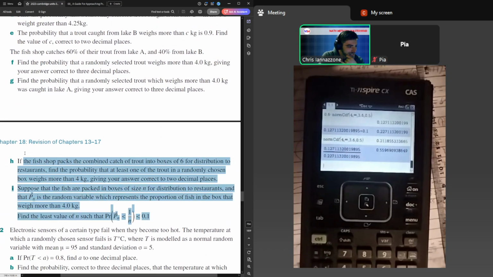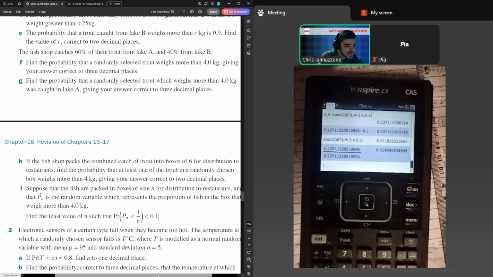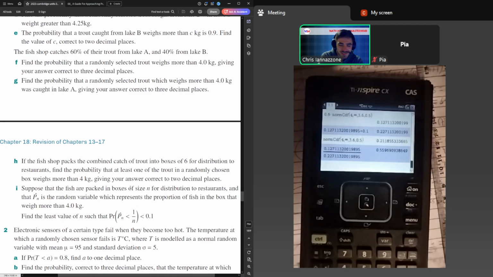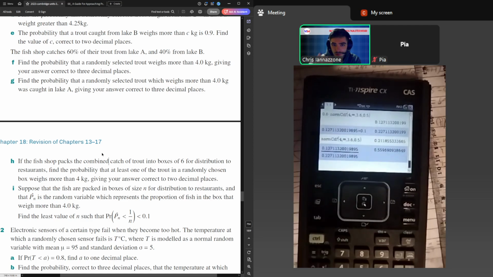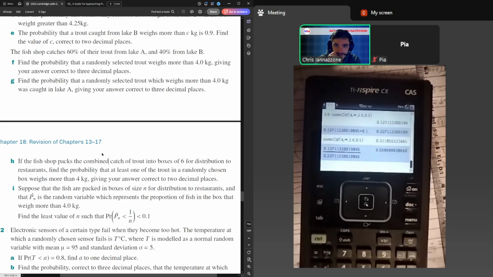These are typically long questions. They try to basically fit in at least 3 different kinds of probability into the same question. Like in part H. H is a bit sneaky because the probability does change here, but they didn't use a separator. They try to slide it in a bit. If you read H, you've now got fish that is combined into boxes of 6 for distribution. They very specifically said boxes of 6. Now we're probably thinking things like discrete, right?